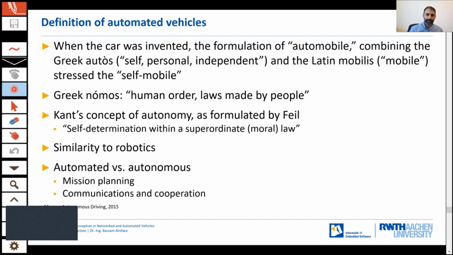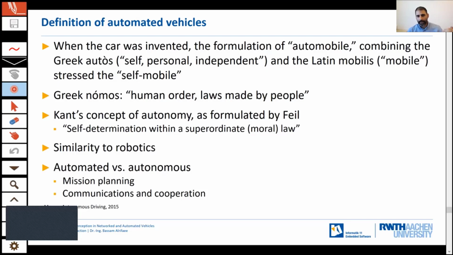And if you take it precisely, then with an autonomous vehicle, if you get in and you want to drive to the office, it drives to the beach. So an autonomous system decides by itself about the mission planning also. But in my definition here, I would rather say, if I tell the vehicle to go for shopping or to drive me to the office, it is still autonomous.